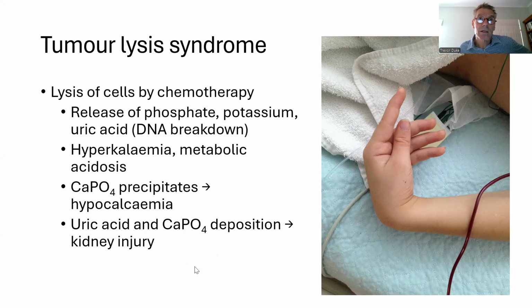The highest risk of tumor lysis syndrome is proportional to the number of malignant cells. Those cancers that have very high numbers of malignant cells, such as lymphomas with a lot of mass disease, a big mediastinal mass, a big liver or spleen, lots of enlarged lymph nodes, or children with hyperleukocytosis, like acute leukemia with very, very high white cell counts, are most at risk of tumor lysis syndrome.